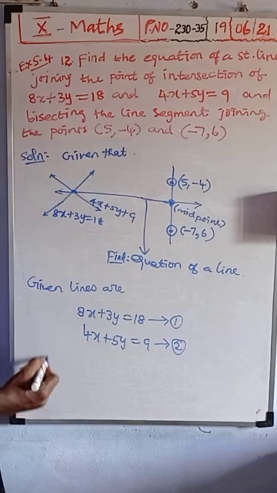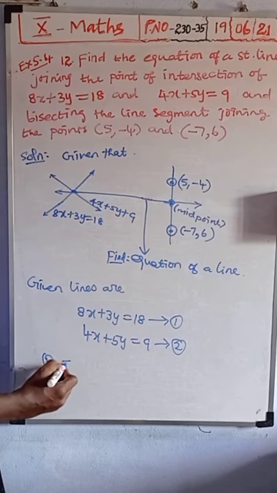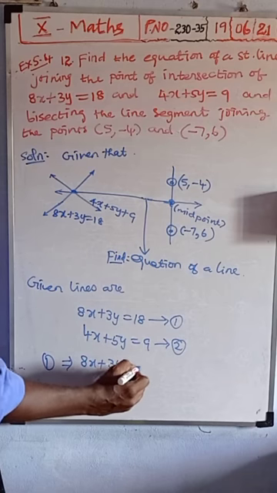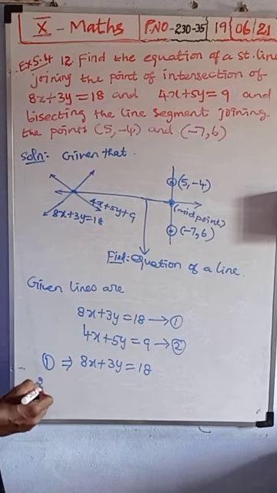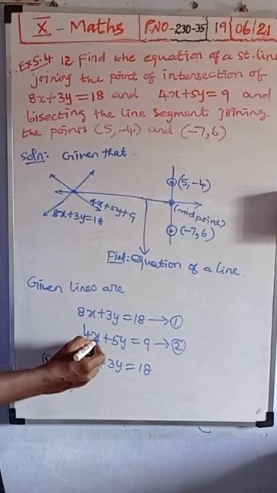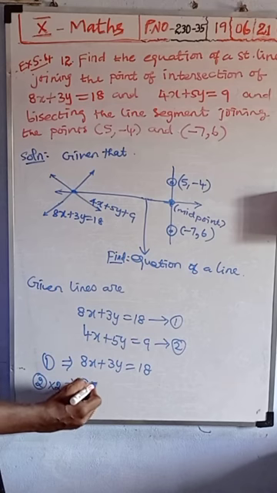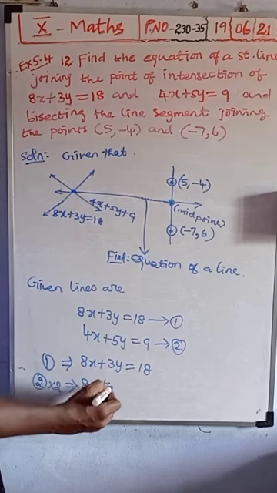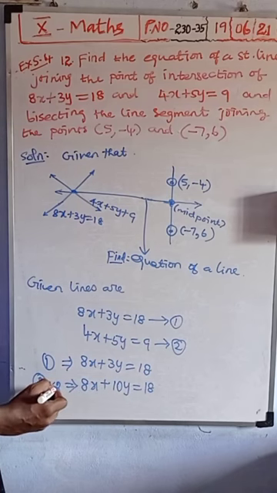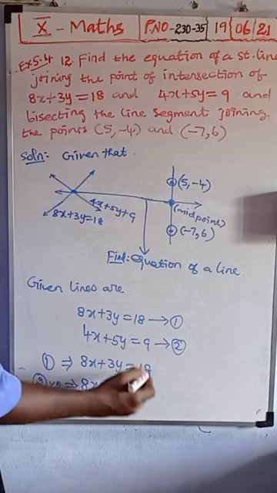Then the first equation you write as it is, 8x plus 3y is equal to 18. The second equation I multiply by 2, so automatically the x coefficient will become equal. So 4 twos are 8x, now here also 8x. Next 5 twos are 10y is equal to 9 twos are 18.